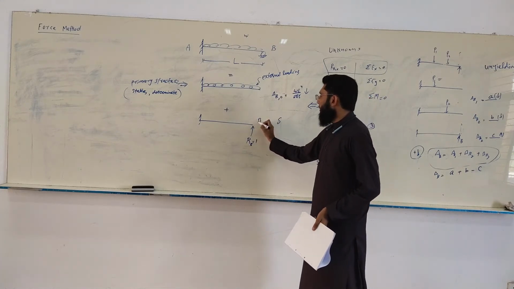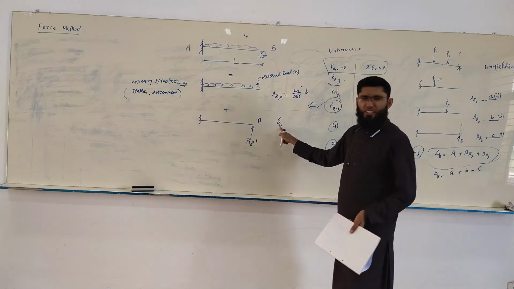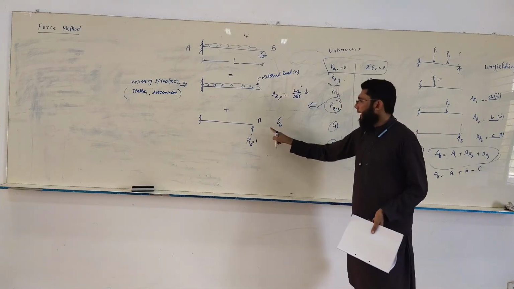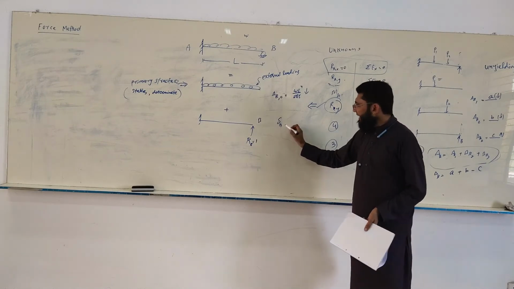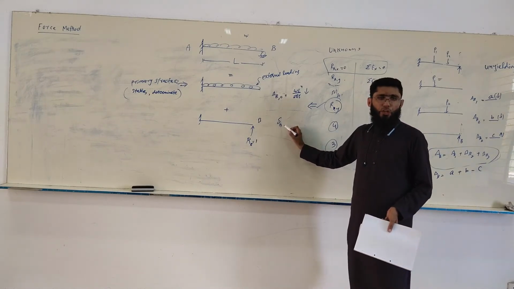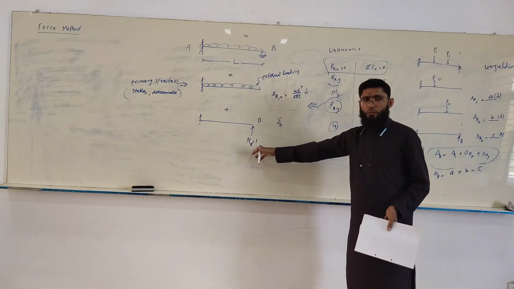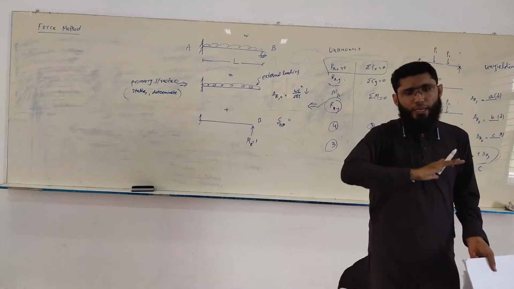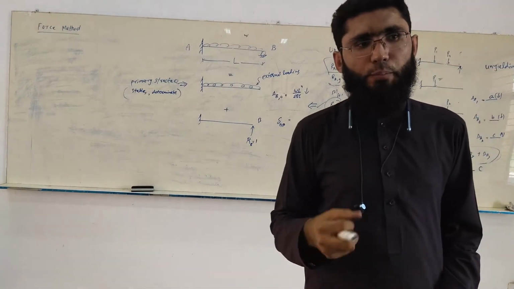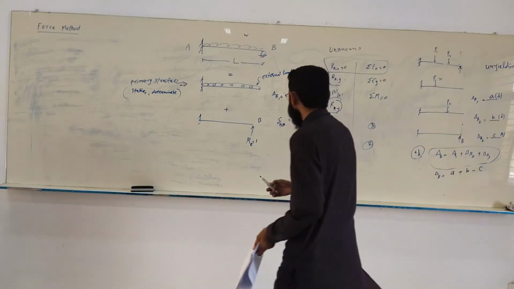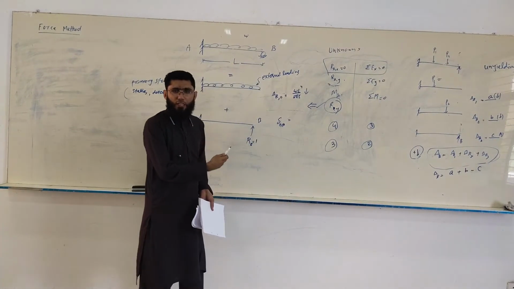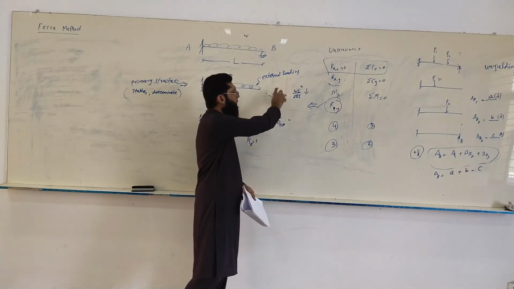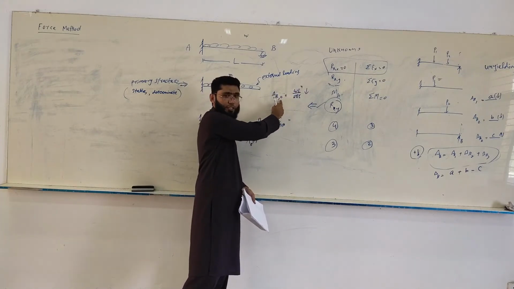Okay, this point is B. So it is again displacement at B. So the first subscript is going to be where the displacement is being found out. So it is at B. So you would say delta B. The next subscript will tell the location of the load. Okay. So this is called delta BB. Why do we call it delta BB? You could use any symbol, but just to make it more systematic, make it easy to understand, we're going to stick to a certain way of giving it a name. So it's small delta because it is due to unit load, capital delta for the given loading, and there's a naught as well.